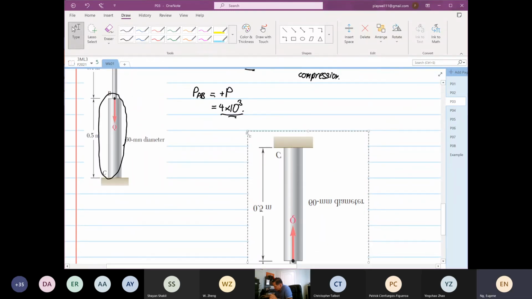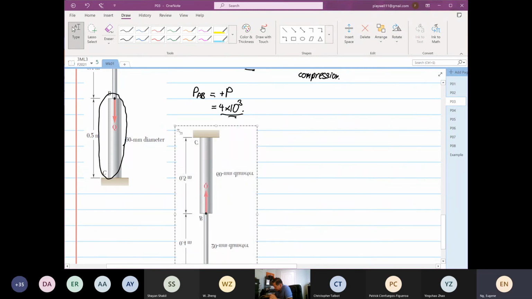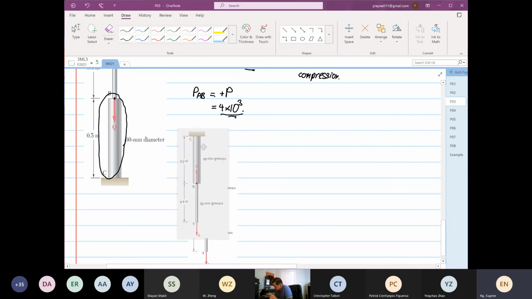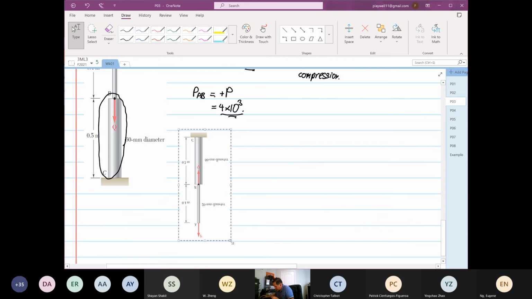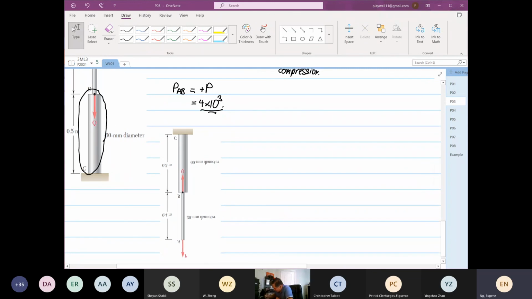So what I did is, I have turned the structure upside down. Right? So I'll elaborate what I'm trying to say.